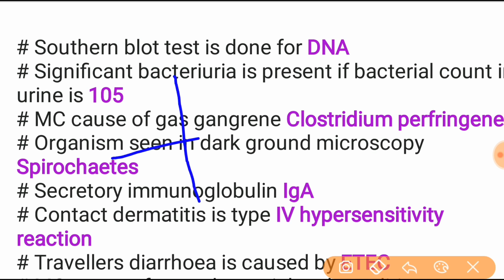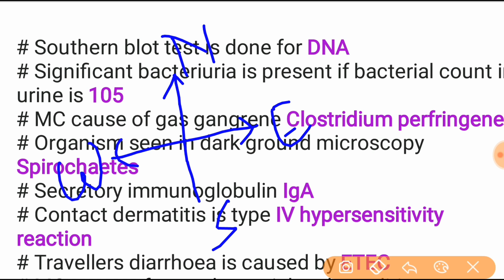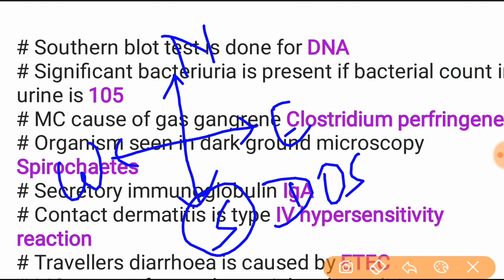If you look at the map, there are east, west, north, south. In the southern region, dosa is famous.